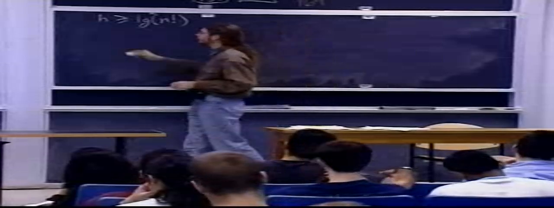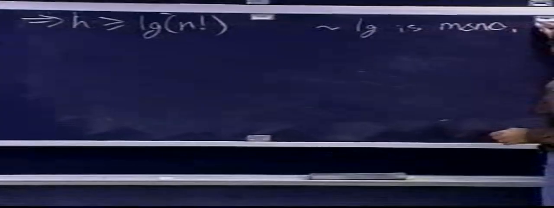So we take log of both sides, and we get that h is greater than or equal to log of n factorial. What property are we using in this step? Why can we get this implication? Yeah? Log is always increasing, right? Remember, you have to be careful with inequalities, so you need to justify these sorts of steps.